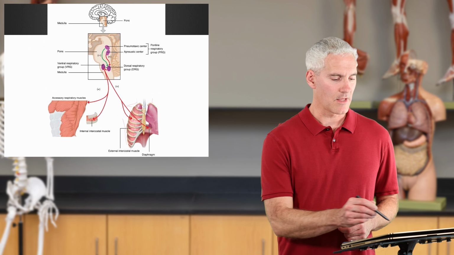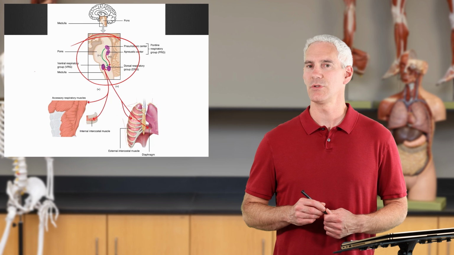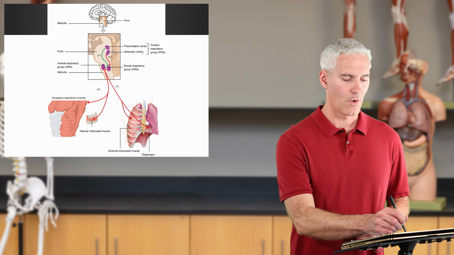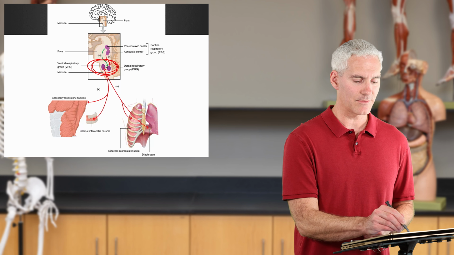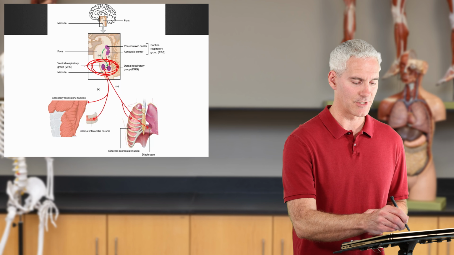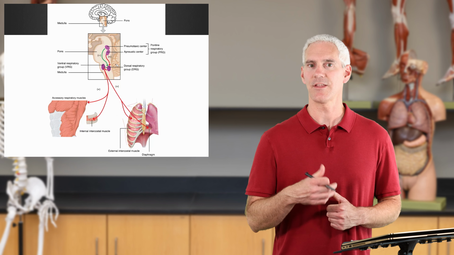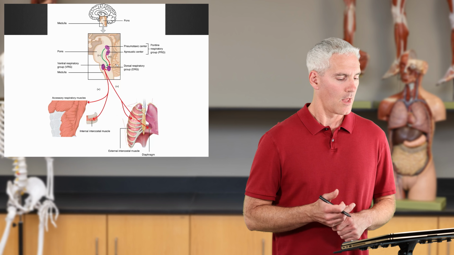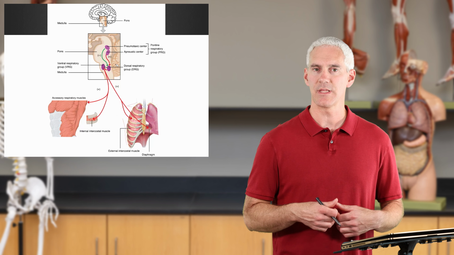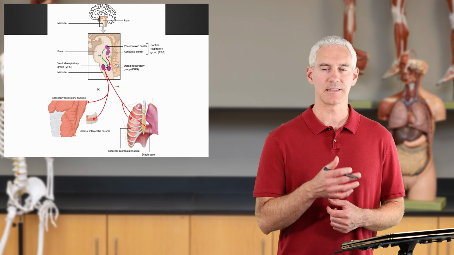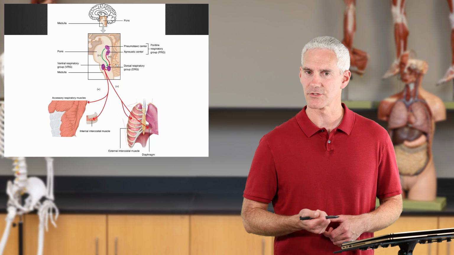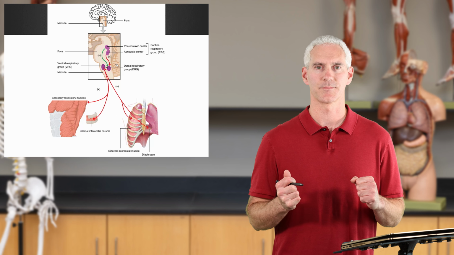So we were looking here. This is a blown-up picture of the medulla and the pons. We're focusing just on these two down here, the VRG and the DRG, the ventral respiratory group and the dorsal respiratory group. You'll notice they both send innervations to the muscles, the diaphragm, internal and external intercostals. So it's all those muscles.